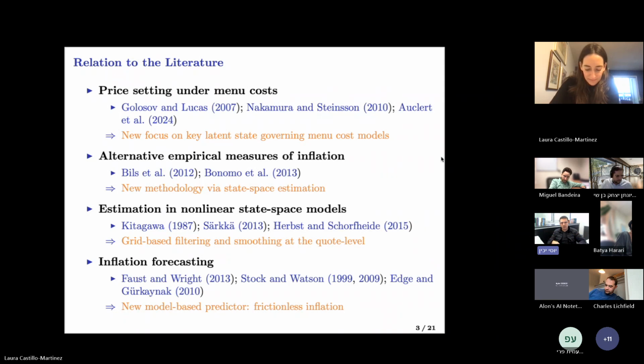So I would suggest an exercise where you give a monetary policy shock and try to see, let's say on headline inflation, hopefully inflation goes down, but frictionless inflation should go up. So the fact that policy is able to contract the economy and reduce inflation comes from the friction. And in that sense, I would say, okay, what you measure is frictionless inflation. So these are my comments. Thank you.